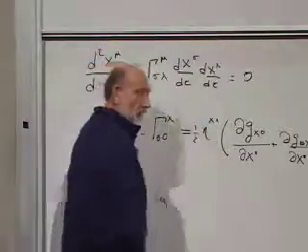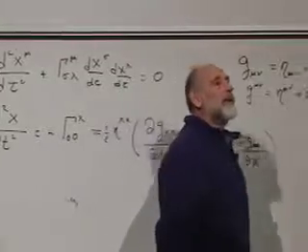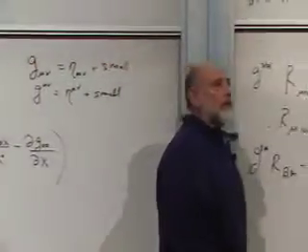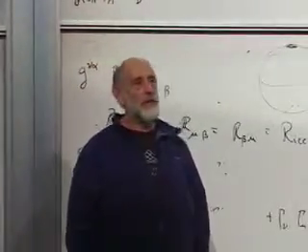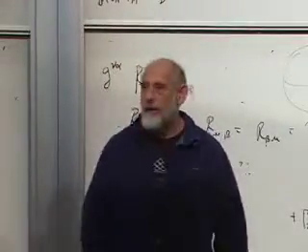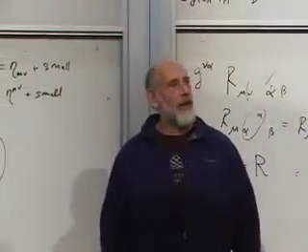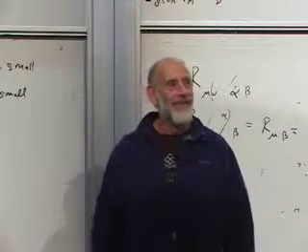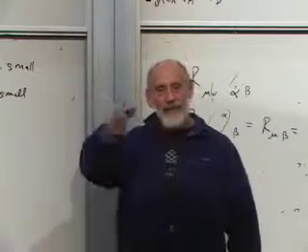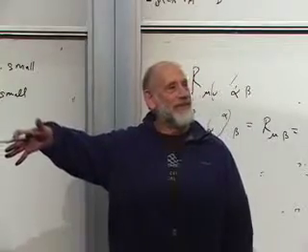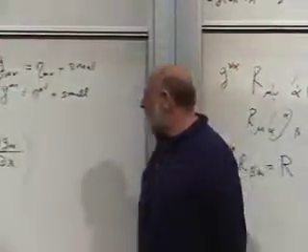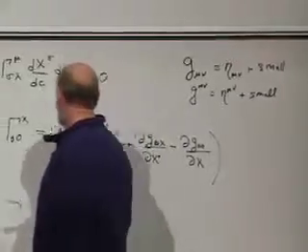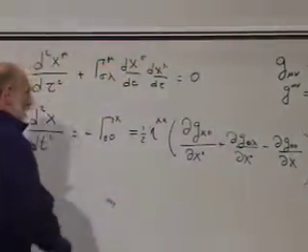And what is eta xx, the xx component? What is eta xx? -1. Remember, it's dt squared minus dx squared. Right. So we've got to keep our signs correct.